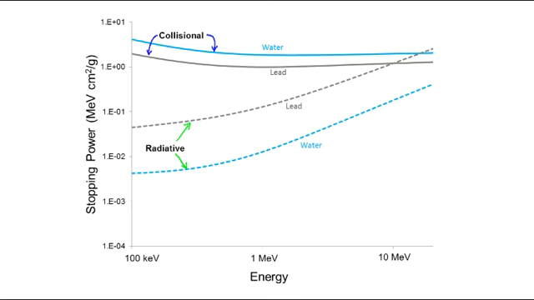You'll see there's not very much energy dependence, and as you go up in Z, the collisional losses go down a little bit. That's that dependence on the number of electrons per unit gram. It's a relatively small change compared to the change in radiative losses, but there it is. And at some point these cross over.